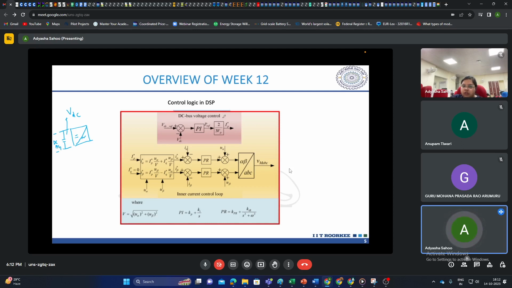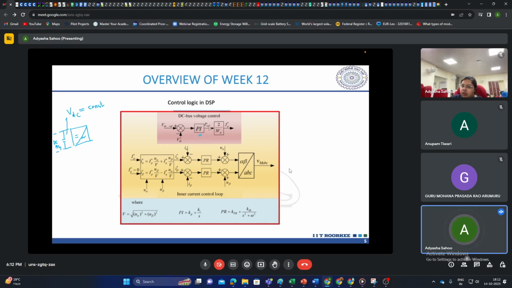So first is the DC bus voltage control, because we know that this VDC should be constant for all times, right? So for that, we are comparing it, and the error we are minimizing using a PI controller.